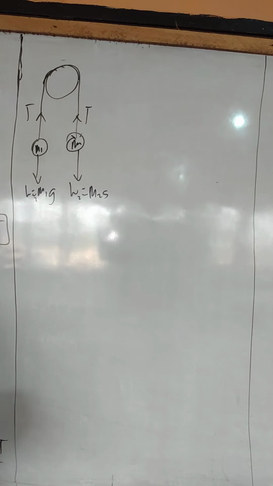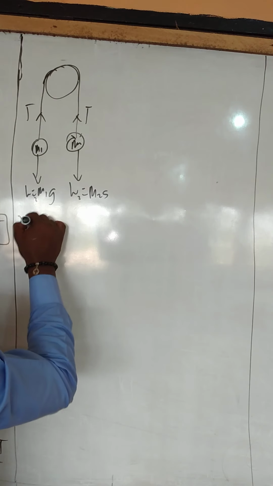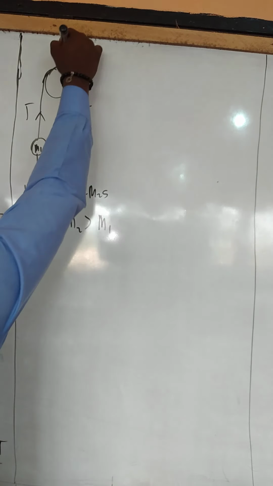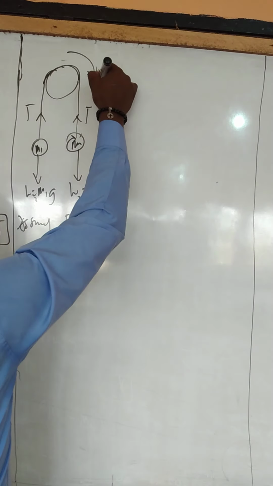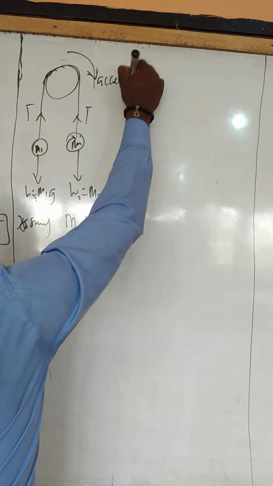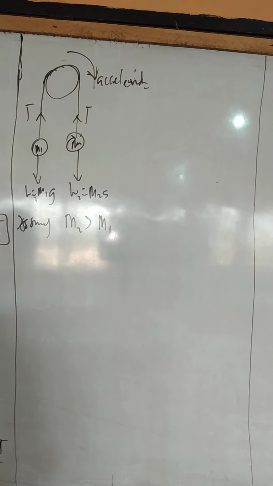Assuming m2 is greater than m1, there is going to be movement and acceleration in this direction. This will be the direction of movement.